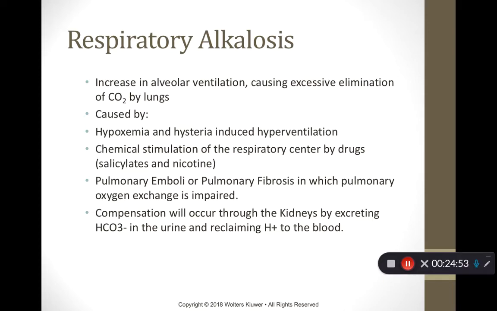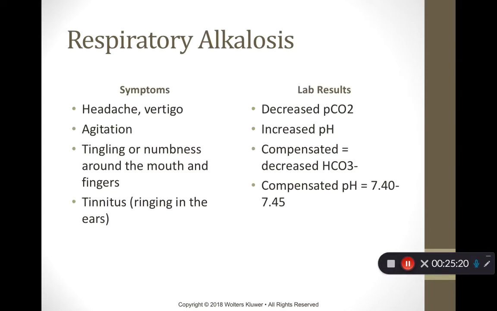So that can be caused by hypoxemia or hysteria-induced hyperventilation, by chemical stimulation of the respiratory center by drugs, pulmonary emboli or pulmonary fibrosis, in which the oxygen exchange is impaired. And compensation will occur through the kidneys by excreting bicarbonate in the urine and reclaiming hydrogen ions.